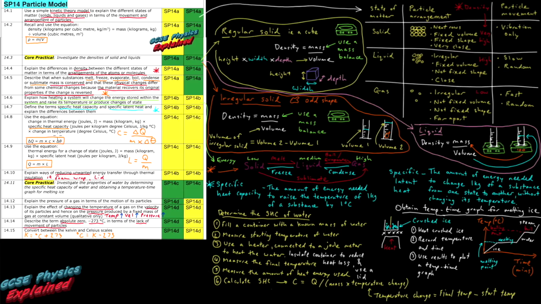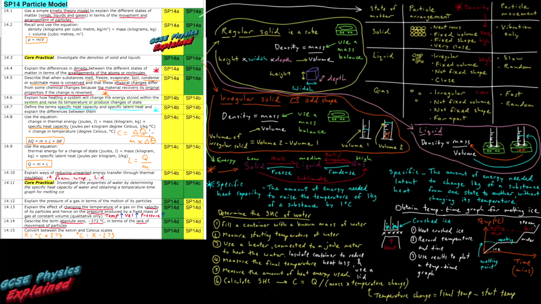Use the equation. Change in thermal energy Q equals the mass times by specific heat capacity times by the change in temperature. Now, you'll have to rearrange that sometimes in order to find the specific heat capacity.